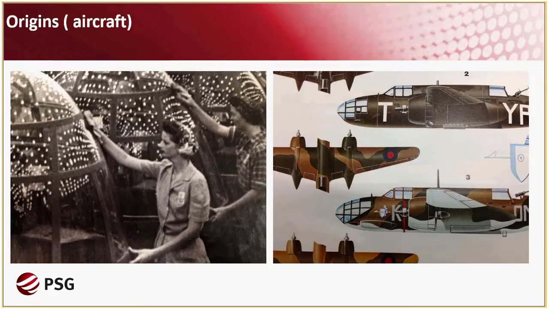And of course, it starts right after the war. Plexiglass, as it was known, was established and registered by the inventors Röhm and Haas.